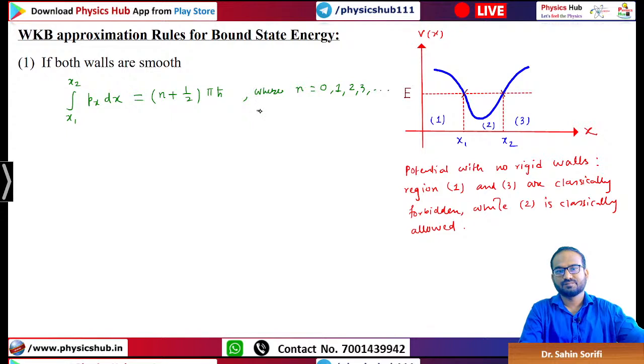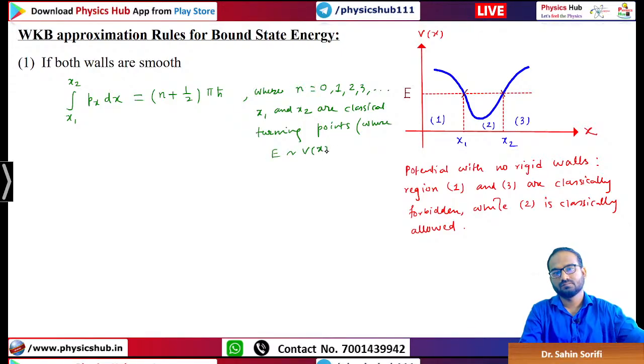Look, x1 and x2 are classical turning points where E becomes equal to V of x, and as you can see here, E and V of x become equal.